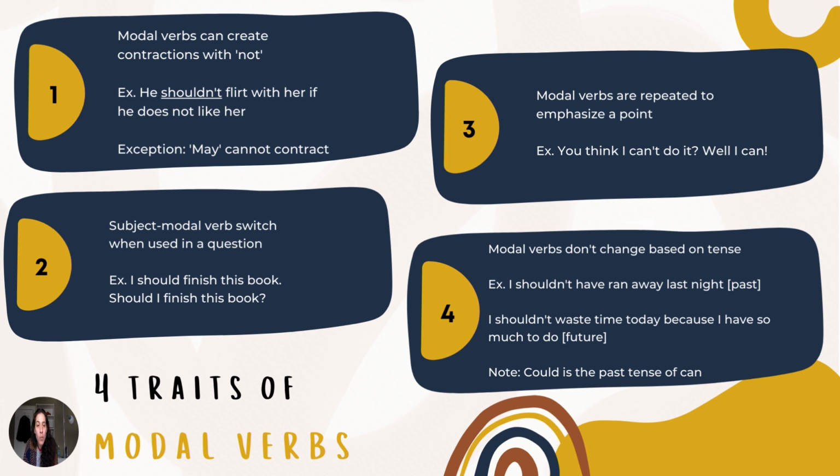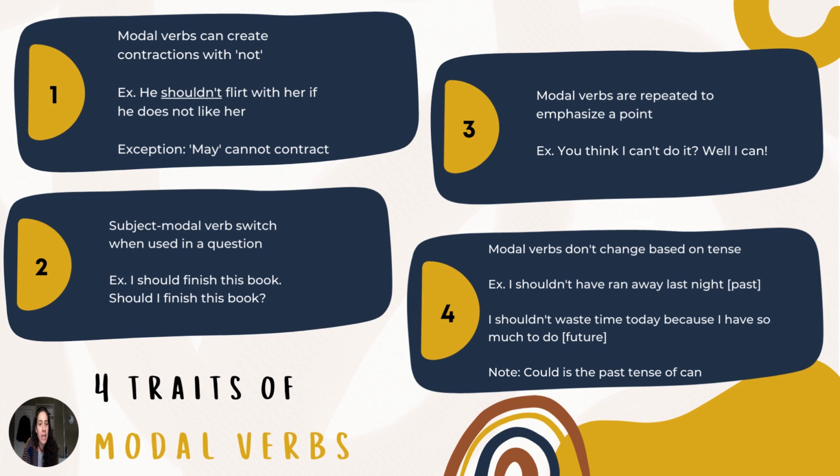So if we're looking at a sentence, another way to look at a sentence and decide if it's the modal verb, the helper verb, or the main verb, the verb that we need in order to understand the sentence, these are also 4 things that we can look at to say, is this a modal verb or is it not? So the first one is modal verbs can create contractions with not.